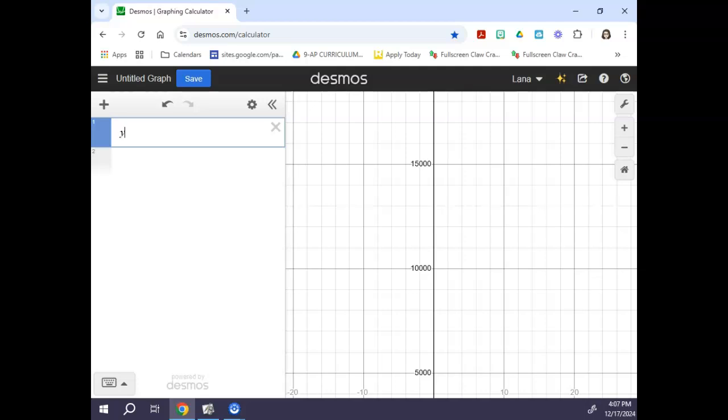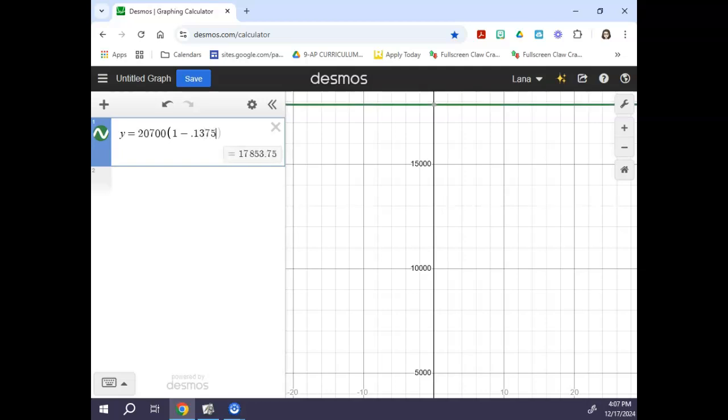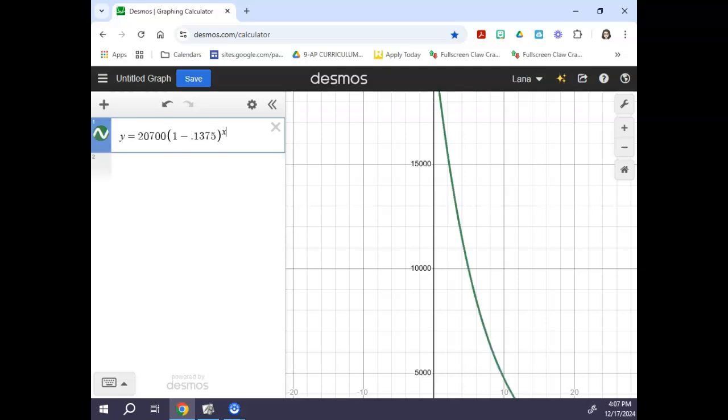So I'm just going to say y equals 20,700 times 1 minus 0.1375. Close my parentheses, and then to the x power. So there's my function, okay?